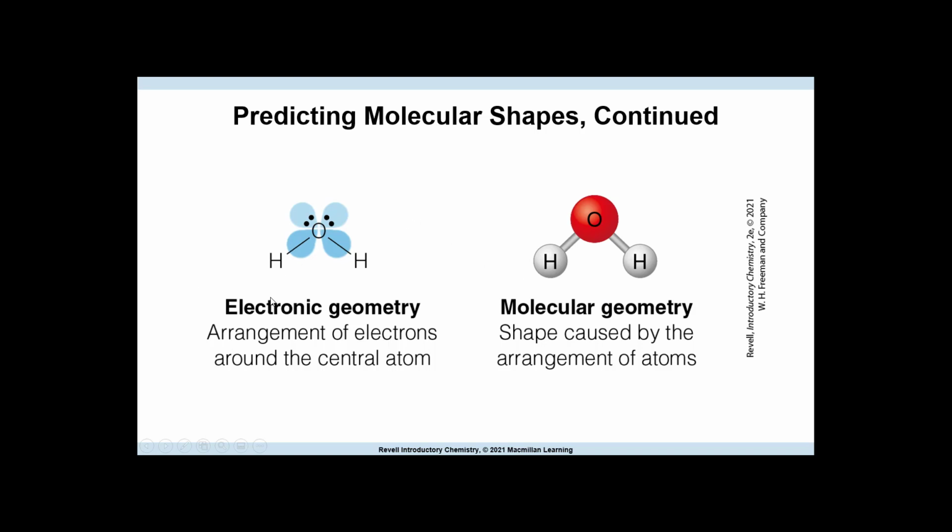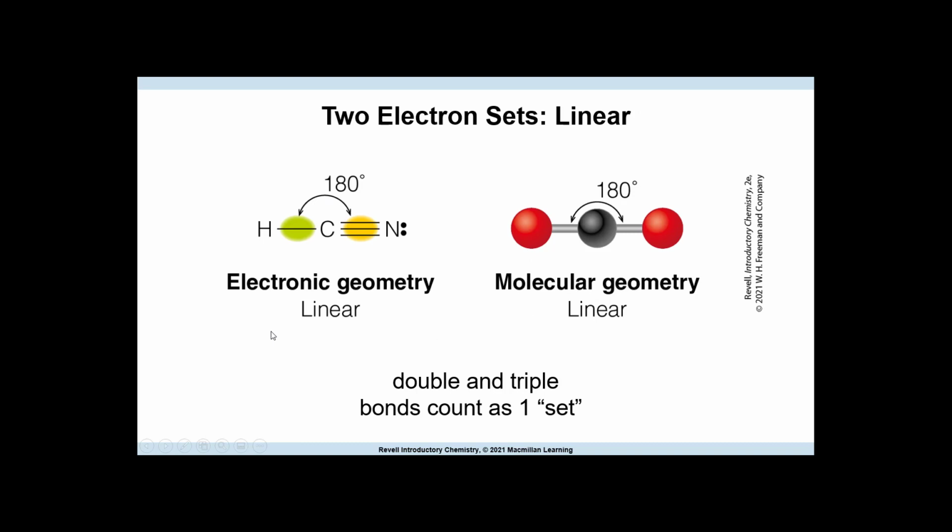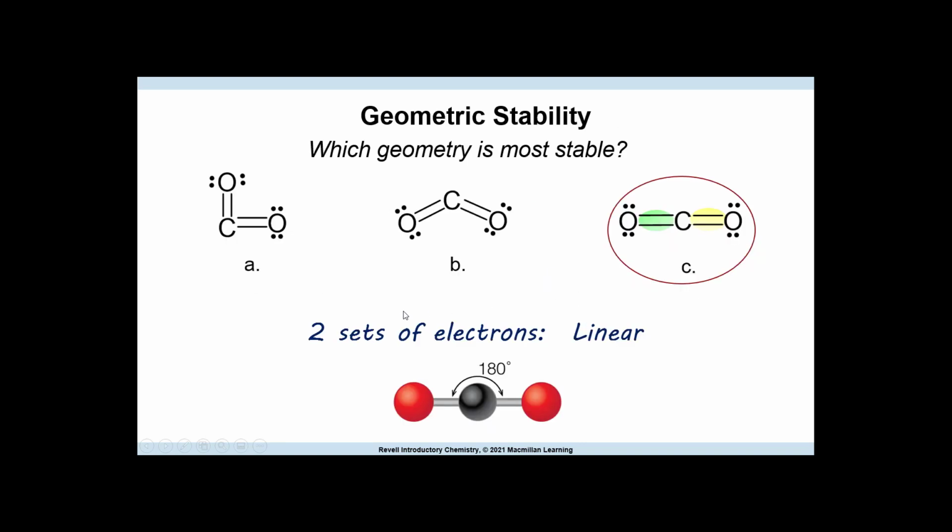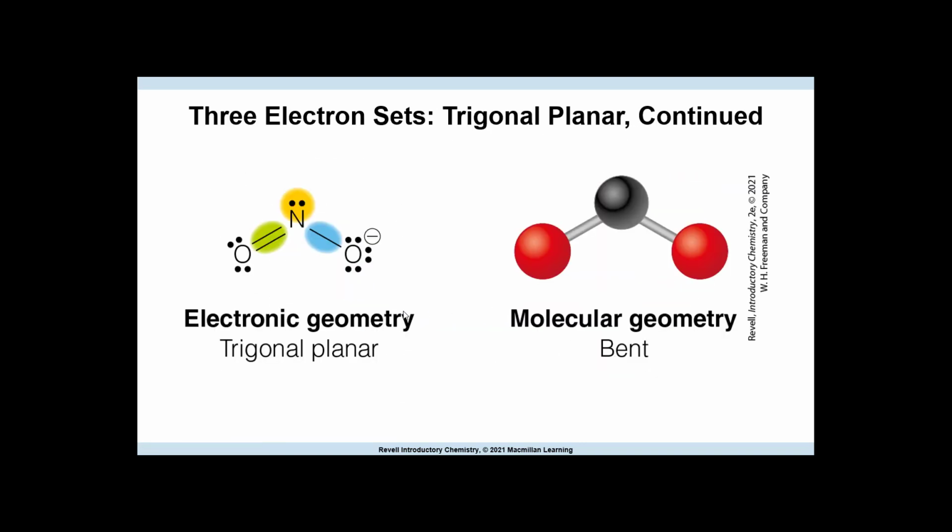They will have different arrangements. When you have compounds that have no lone pairs on the central atom, the geometries will match each other. When they have lone pairs, the geometries will not match each other because the molecular geometry does not acknowledge the lone pair. So they will be different, and you should expect that when you have to look these up.